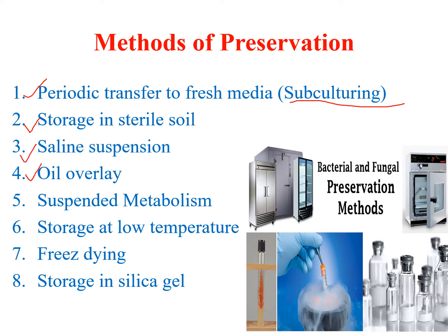Oil or paraffin wax we can overlay on the microbial culture. So this is the next way of preservation of microbial culture. Then suspended metabolism, storage at low temperature, freeze drying and storage in silica gels. So these are some methods that are helpful in preservation of microbial cultures.